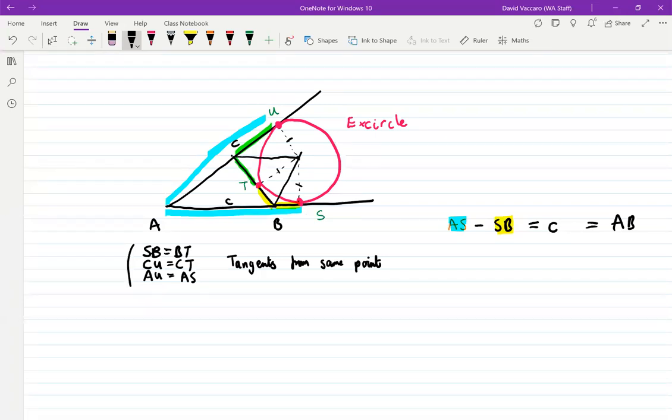I can do a similar thing with the green length, and I can say that AS minus CU, so that's my blue minus my green, is equal to B, and that is equal to AC.